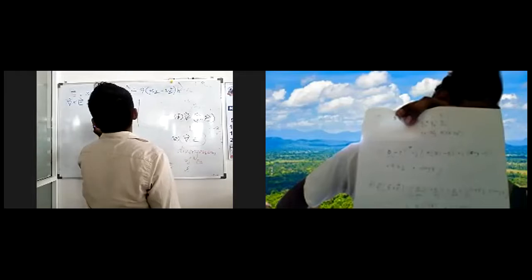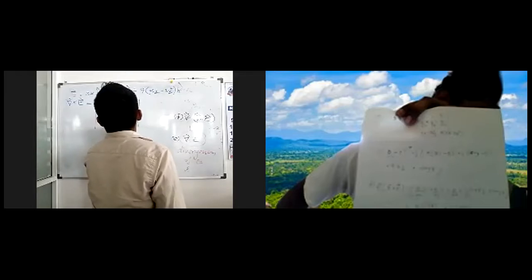This is 3x, 5x squared y, 9xz minus 3z squared.